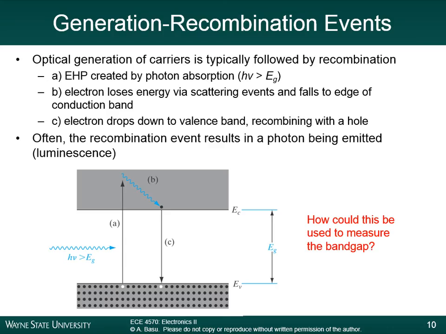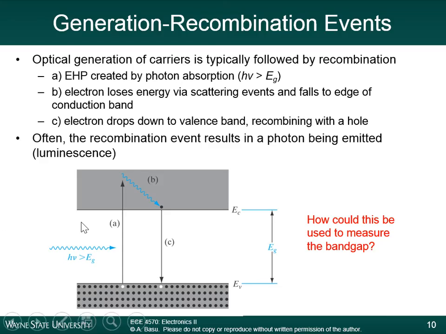Okay, they do not emit light. But the direct bandgap semiconductors, things like gallium arsenide, gallium nitride, those types of semiconductors do emit light. Those are the materials used in things like LEDs, lasers, infrared emitters, and so on. So anything that emits light is generally a direct bandgap semiconductor.